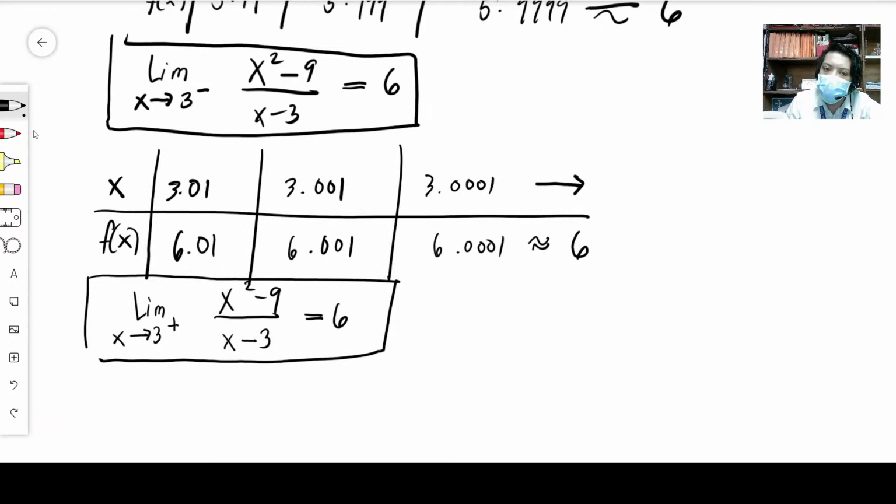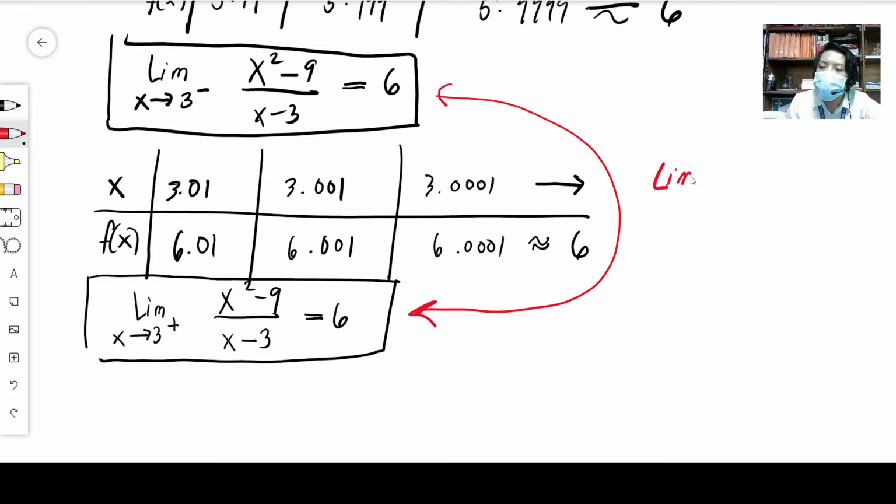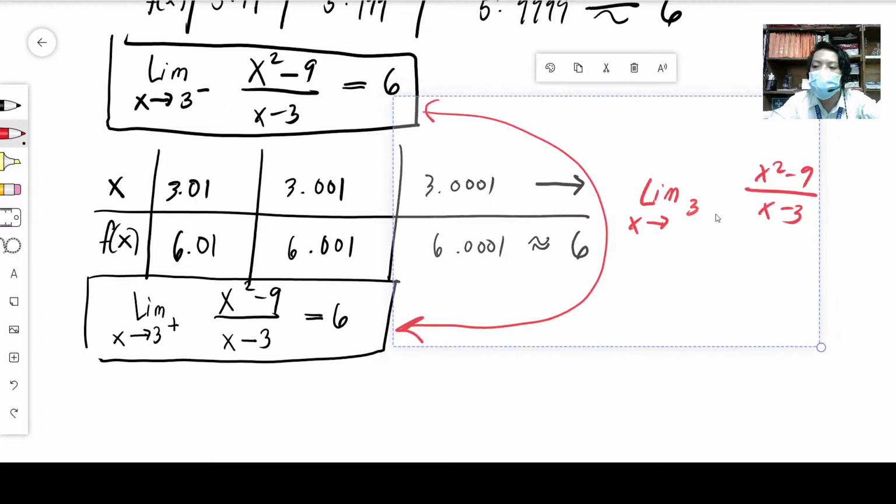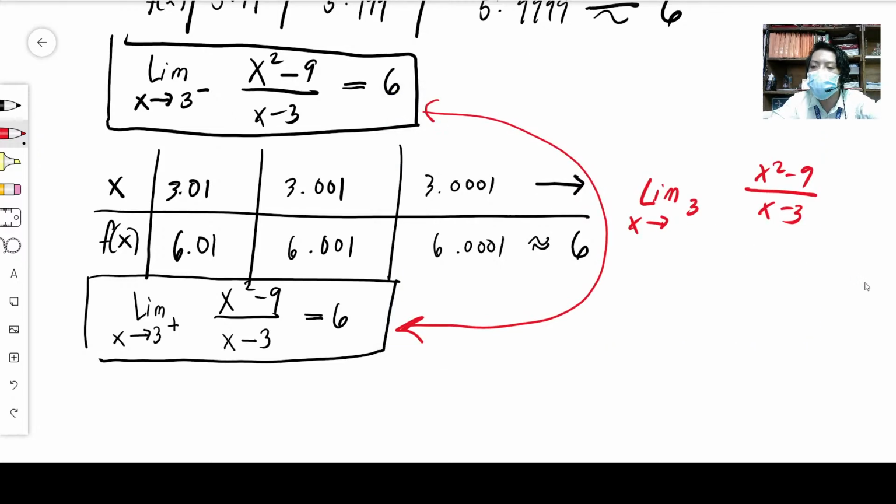They are equal, right? This is the left hand limit, and this is the right hand limit. They are both equal to 6. So that means the limit of x squared minus 9 over x minus 3 as x approaches 3 is equal to, let me wait. What happened?